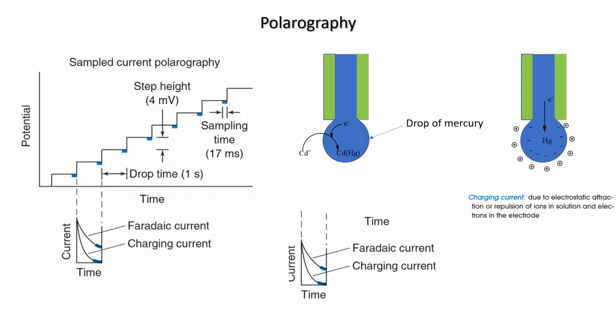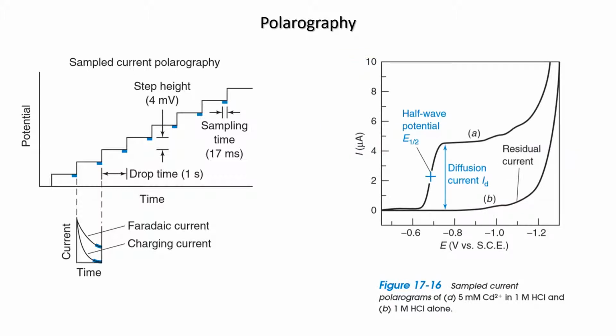To ensure a steady current and to ensure none of the contribution to that current is non-Faradaic, the potential is ramped in sharp steps and the current is sampled only towards the end of the voltage step, just before a new drop is formed. The polarogram on the right shows how the sampled current against voltage gives a smooth curve up to the diffusion current.